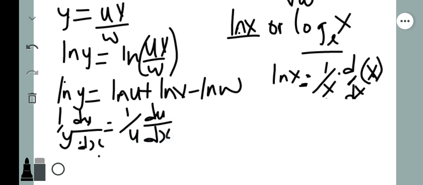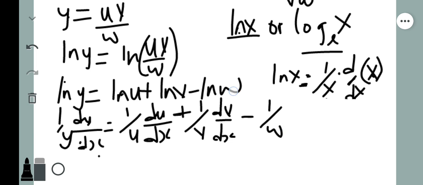And also derivative of ln v will be 1 over v times dv/dx, because u, v, and w are functions of x, minus, because it's minus here. Derivative of ln w is what? 1 over w times differentiation of w will give me dw/dx. So this is how you solve the problem further.